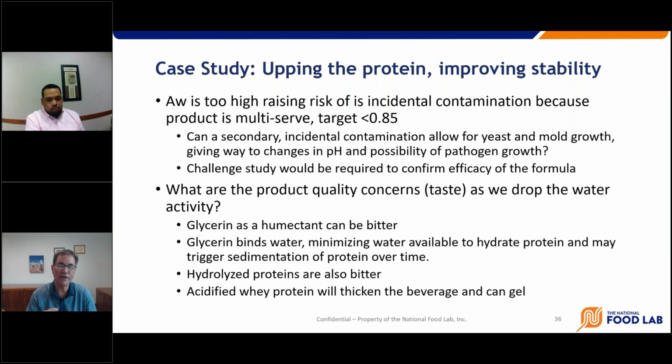So as you look at that change in water activity, the other thing that's going to change is how well you can hydrate the protein, right? So if we're looking at a PDCAAS of 1, what type of proteins are you going to use at this low pH? Well, it's going to be acidified whey. There's an additional bitterness that will come with that. There's obviously bitterness with the hydrolyzed collagen as well. And then whey protein, as we know, once you get above a certain concentration, you then have to address whether the product's going to gel or not.